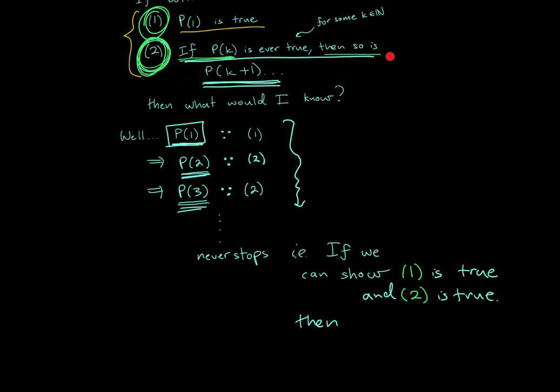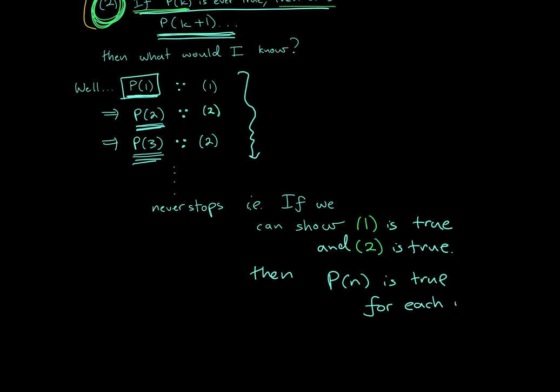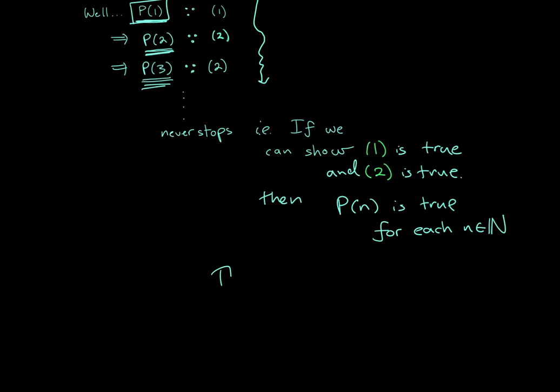In other words, what that means is P of n is true for each of these n's. This is what I call mathematical induction.